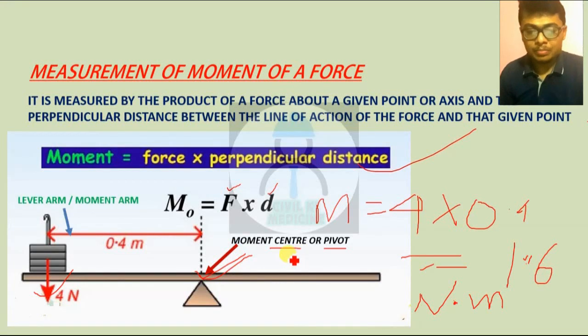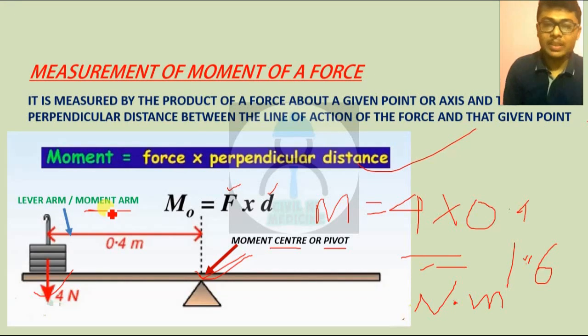And note down that the distance between the moment center and the point of application of force is called the lever arm or moment arm. So what is lever arm or moment arm? The distance between the point of application of the force and the moment center is called the lever arm or moment arm.